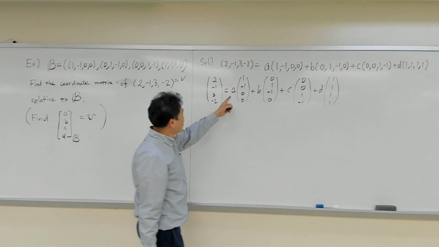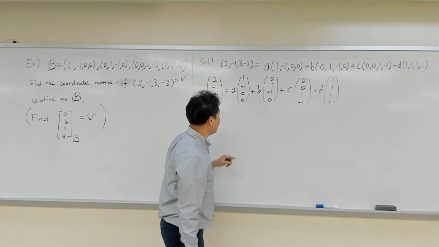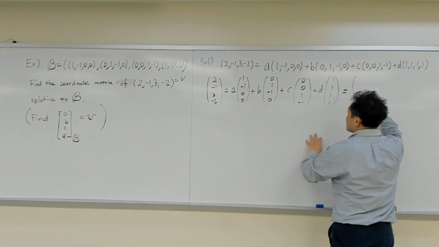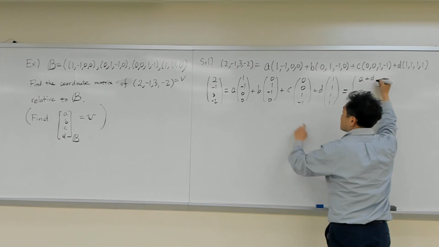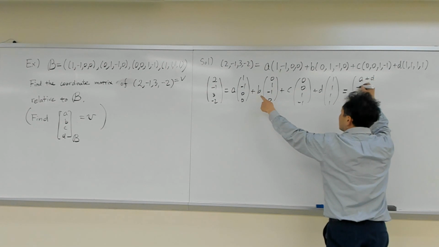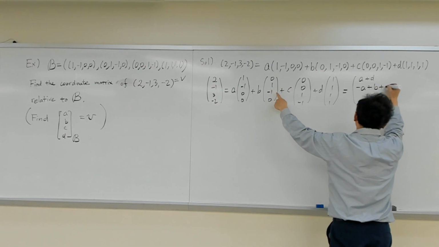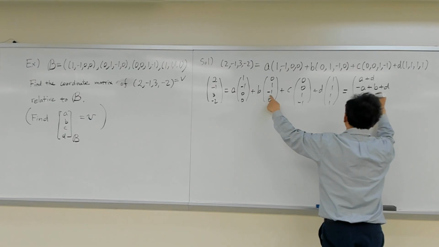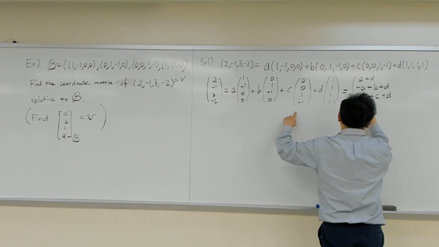If you look at the top, it's 1, 0, 0, 1, so it's a plus d on the top, and then the second line is -a plus b plus d, and then -b plus c plus d, and then the last one is -c plus d.